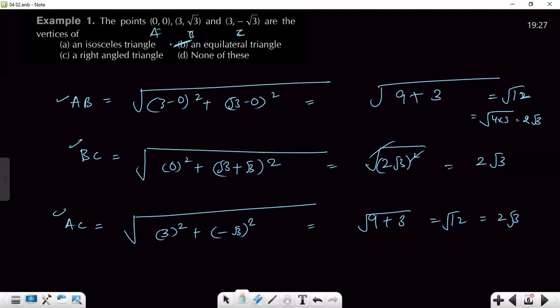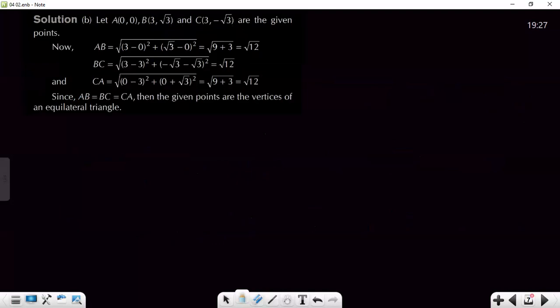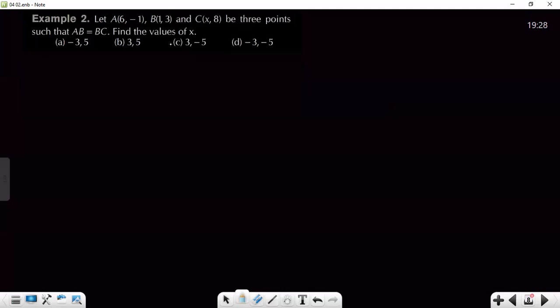Let's move on to the next example. Here we can see in the solution, it is simply an application of the distance formula. Example number 2. There are 3 points given.